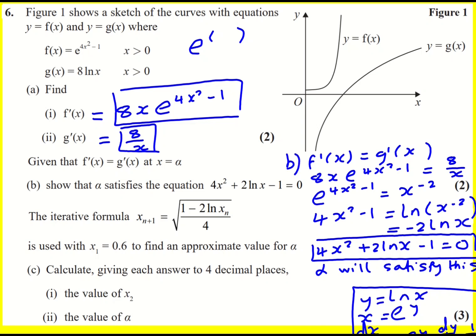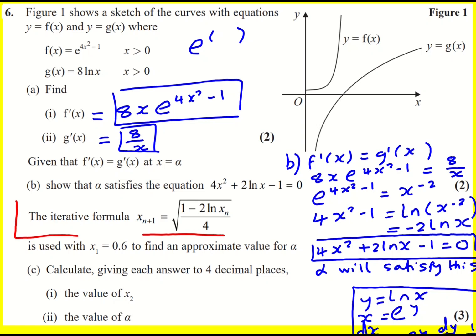That was part B. Now for C, we're given an iterative formula. By the way, this iterative formula was obtained by making 4x squared the subject here. It would be 1 minus 2 ln x, then dividing by 4, and then square rooting. And this allows you to do something called fixed point iteration.